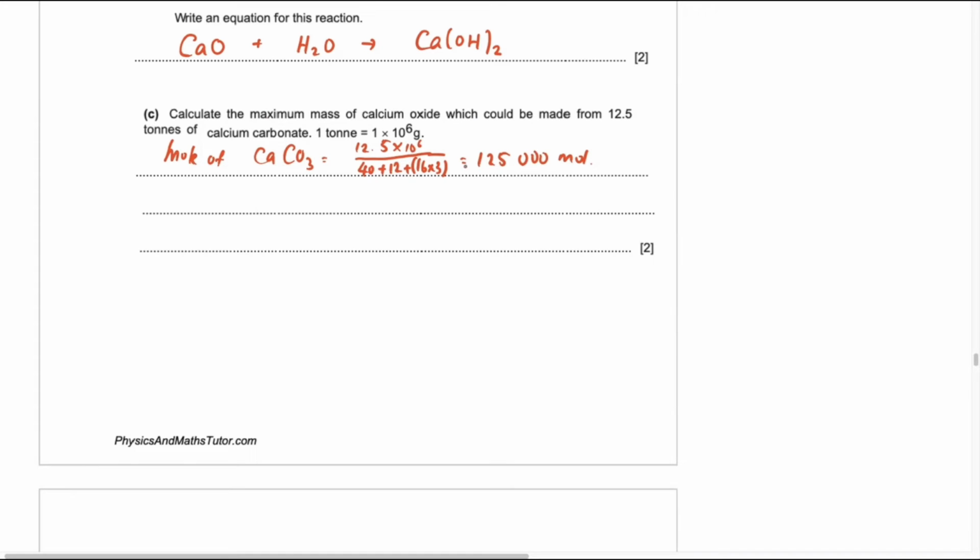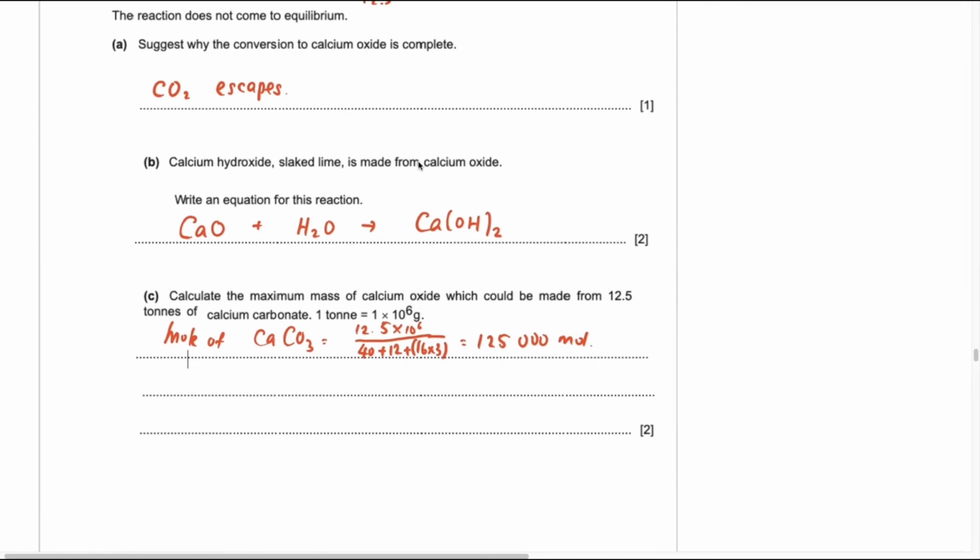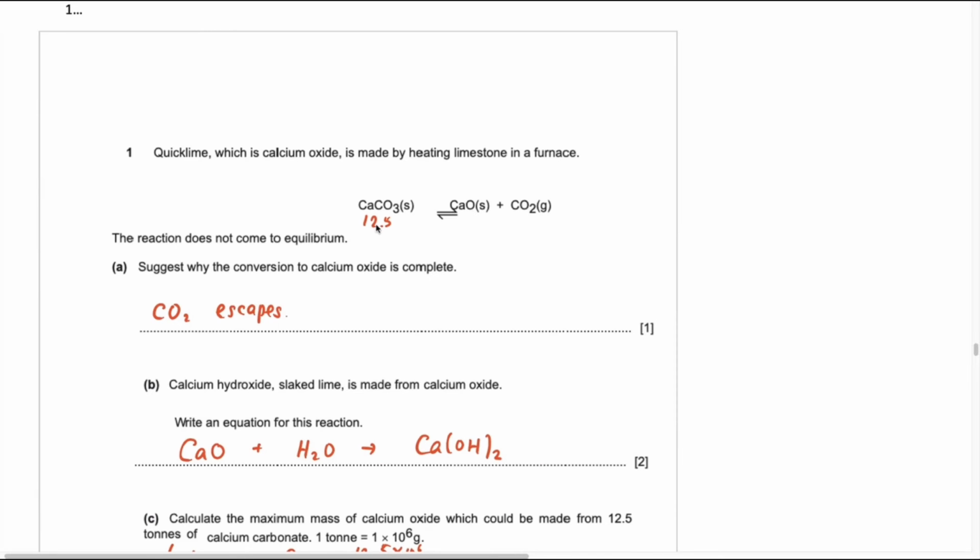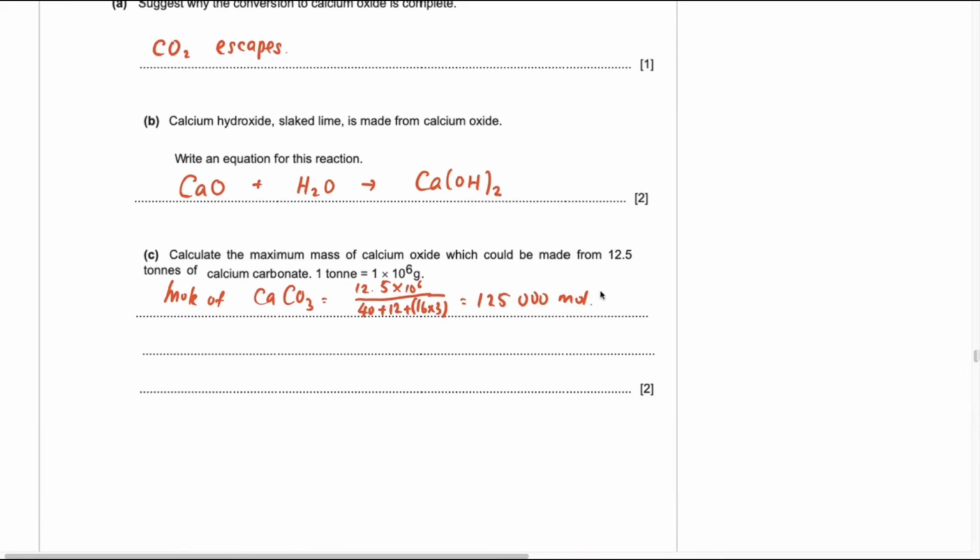Now the mole of calcium carbonate is also the mole of calcium oxide, because the ratio here is 1 to 1. Now we want to find the mass of calcium oxide. So we just take the mole, multiply with the relative mass.